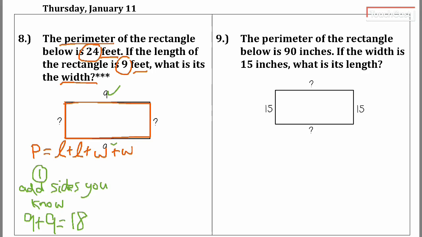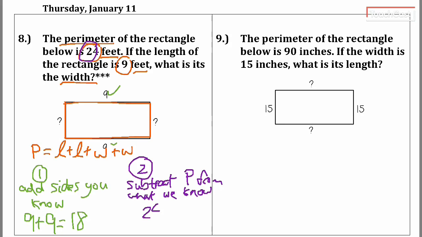All right, step 2. Step 2 is to subtract the sides we know from the perimeter, P. So we would take the perimeter, which is 24, and subtract the sides that we already know.